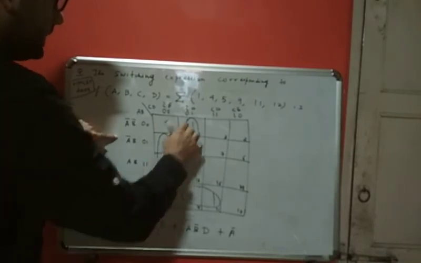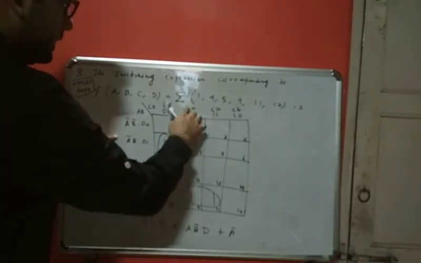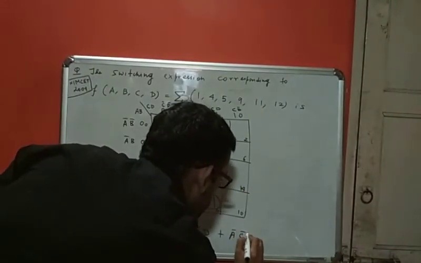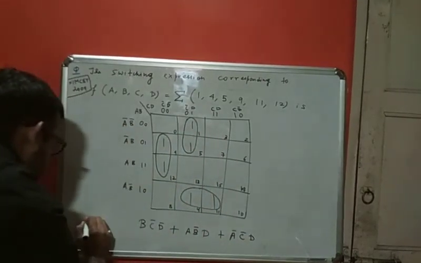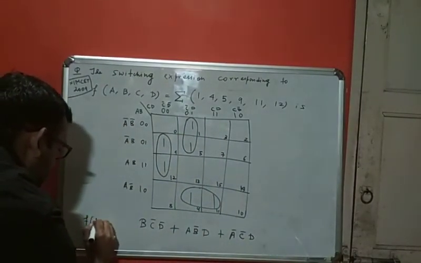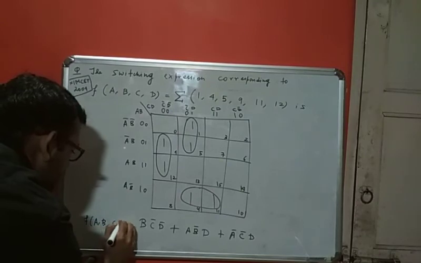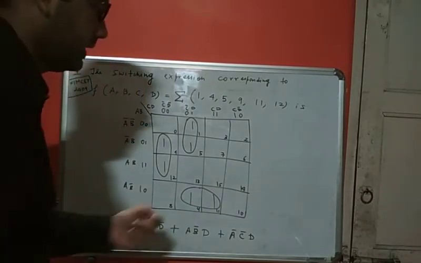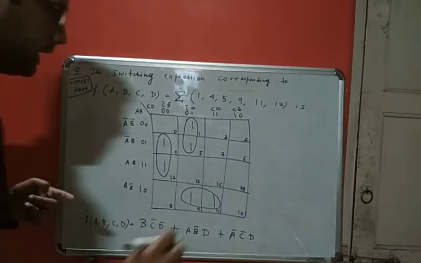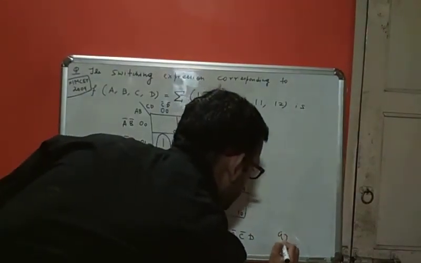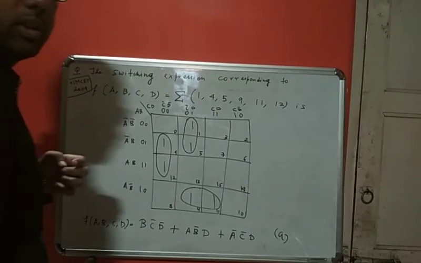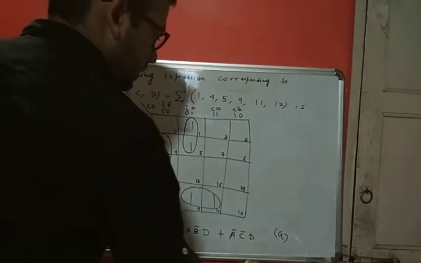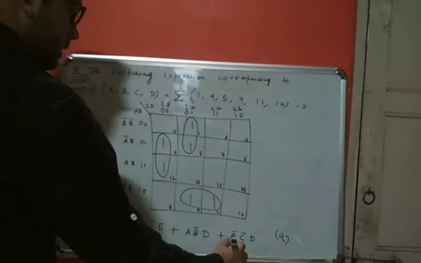So A prime remains and the column that is constant is C prime D. So this is our final expression. F of A, B, C, D, the simplified expression, comes out to be this. And if you look at the options, then this is option A. Okay, I hope you have understood the solution. Thank you.